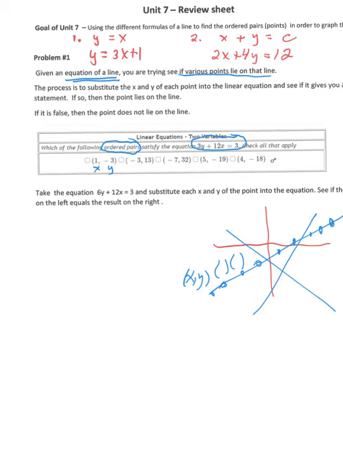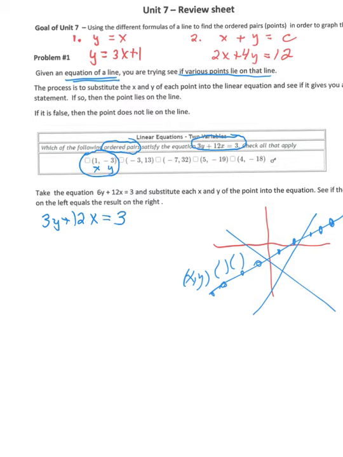So what you do when you see a question like that is you take the equation. I'm going to write it down here: 3y plus 12x. Sometimes they mess around with you and put the x first and the y second. This time the equation has the y first. So we're going to take each one of those points.